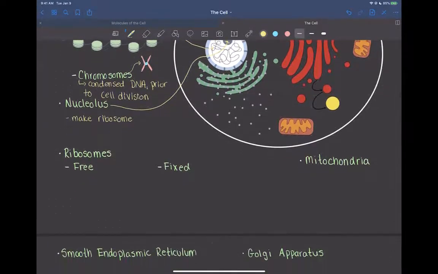A free ribosome is floating in the cytosol, and a fixed ribosome is going to be attached to rough ER, to endoplasmic reticulum, which we're going to talk about in the next video.